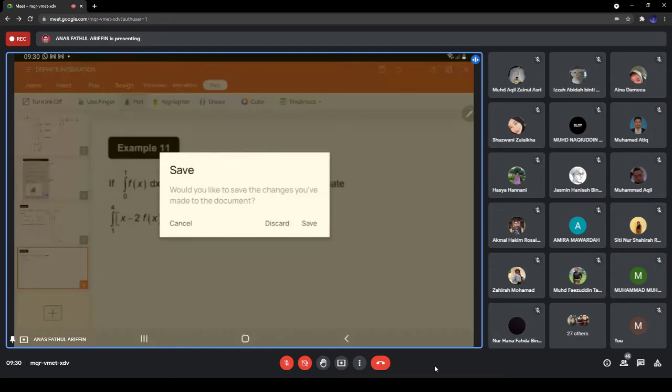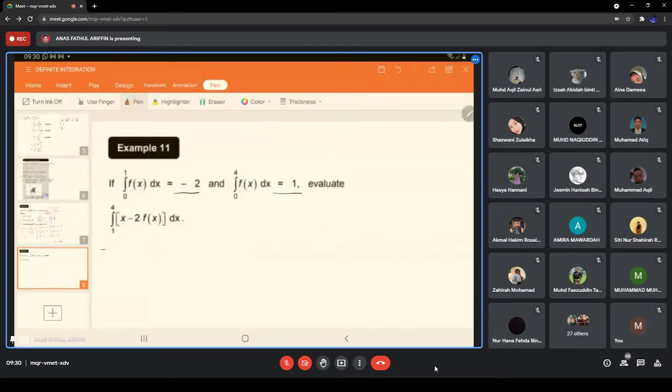So this one actually equivalent to integrate from 1 to 4 function x dx and then we minus integrate 1 to 4 2fx.